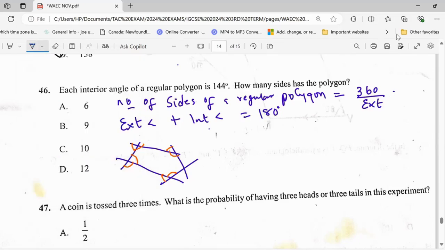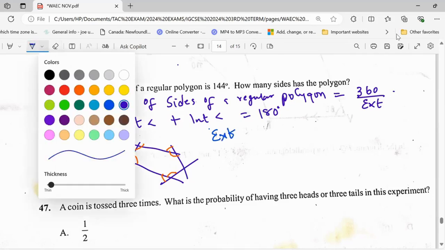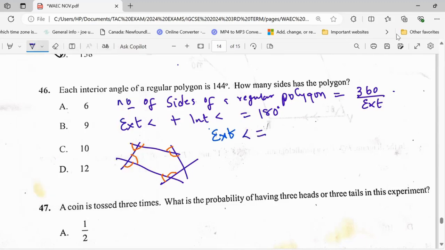So here we have interior to be 144. That means, since interior is 144, the exterior angle is going to be 180 minus 144 degrees. That will give us 36 degrees.